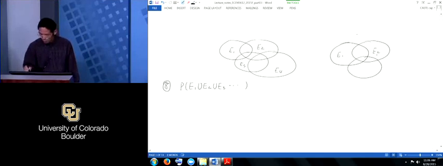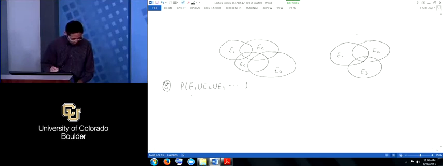E1, E2, E3. If you look at the summation of all of them, then this part is counted twice, right? And this part is counted twice, and this part is counted 3 times. Okay. So the general formula is that we can just sum them together.